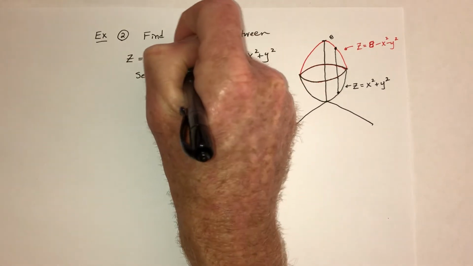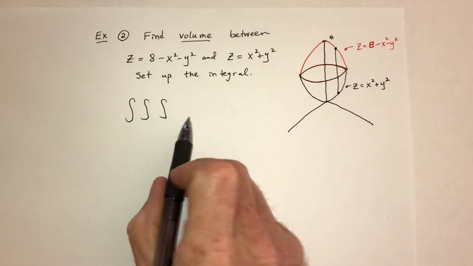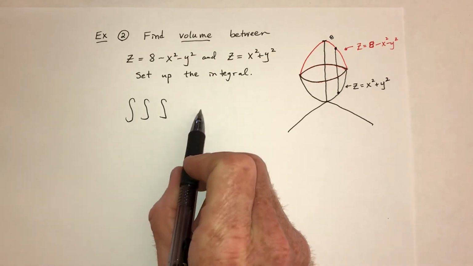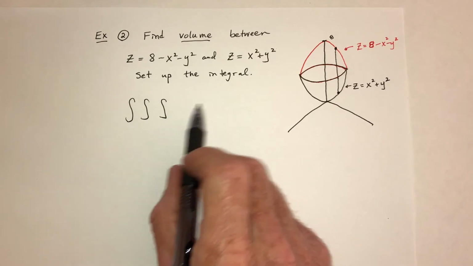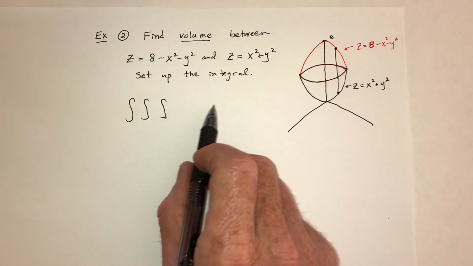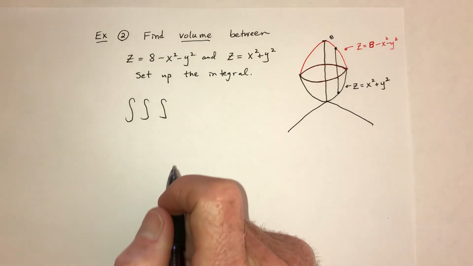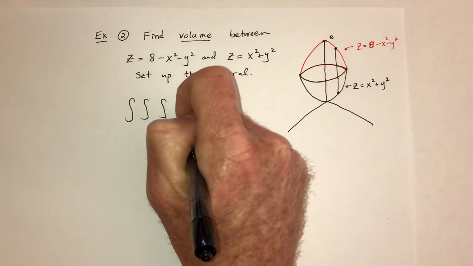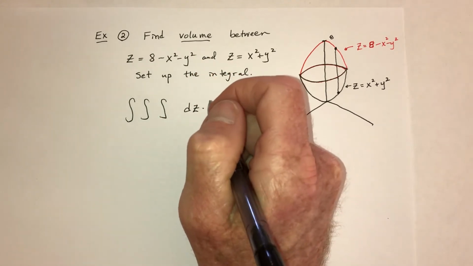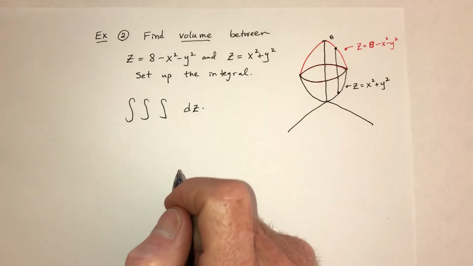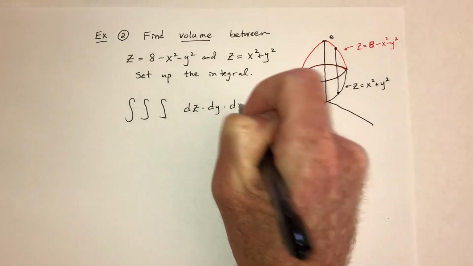So for finding volume, it would be a triple integral, and then it's going to go dx, dy, dz, or dz, dy, dx. There's not going to be any extra function. So with this one, I'm going to put the z first, dz, and then after that, I'll go dy, and then dx.